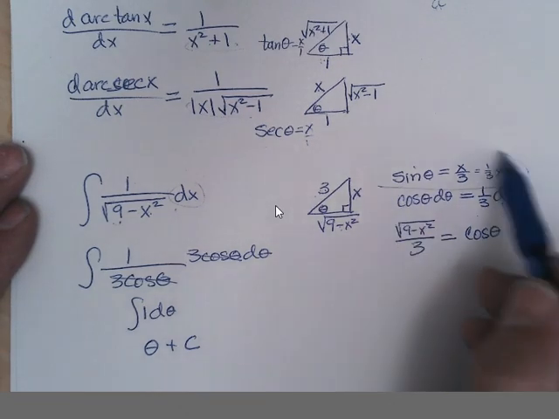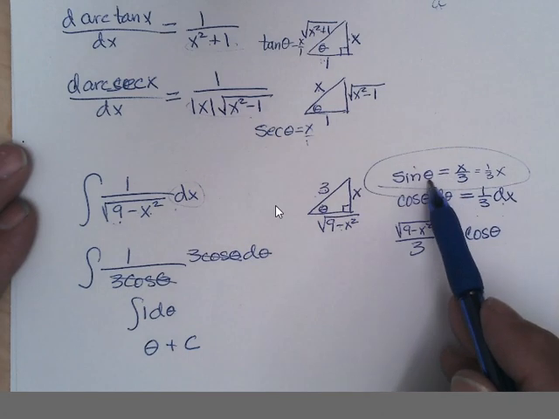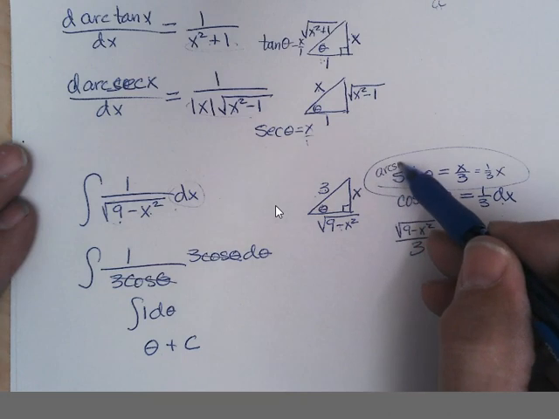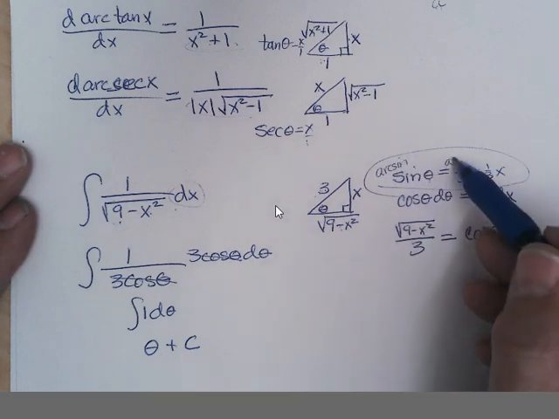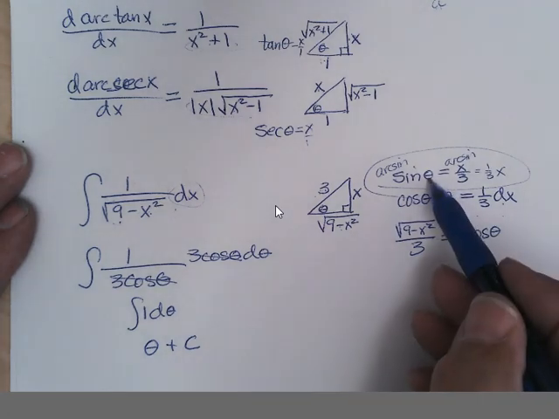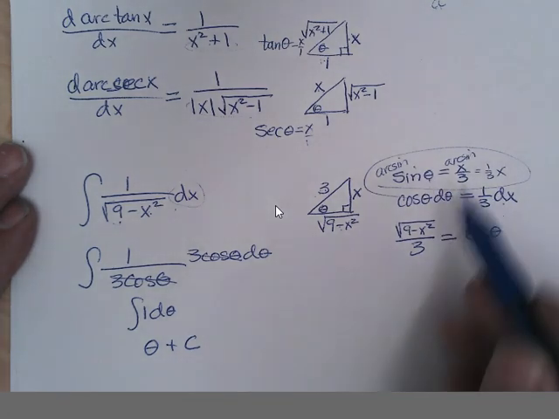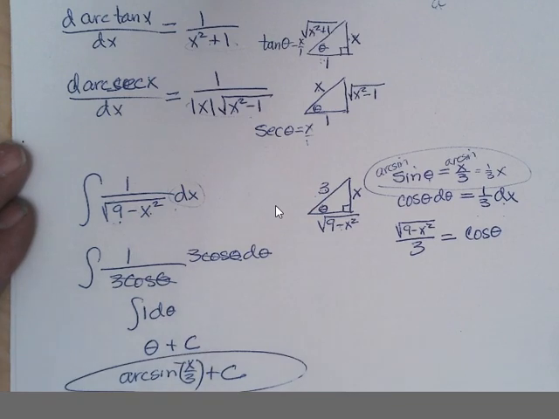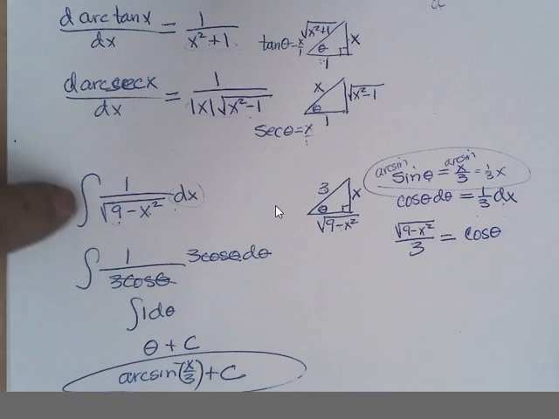So I'm going to go back to this, and I'm going to solve for theta. To get rid of the sine, I do arc sine of both sides. And that says theta is the arc sine of x over 3. And that's the antiderivative of that.